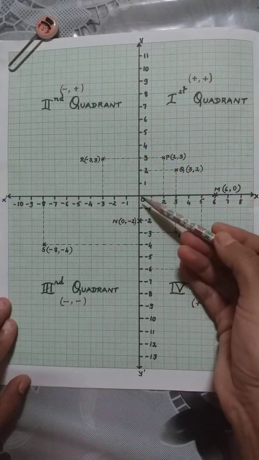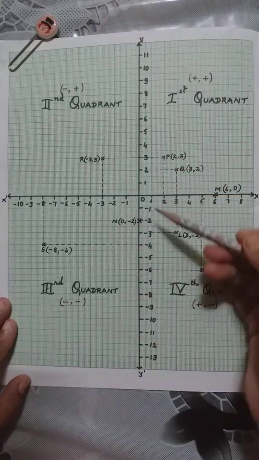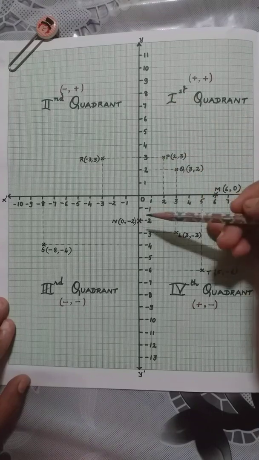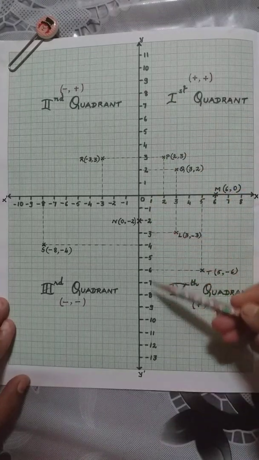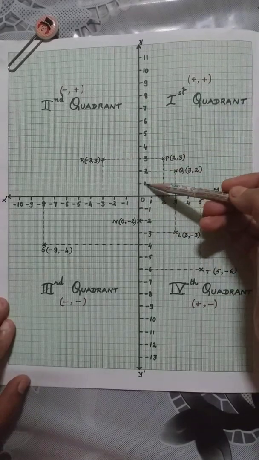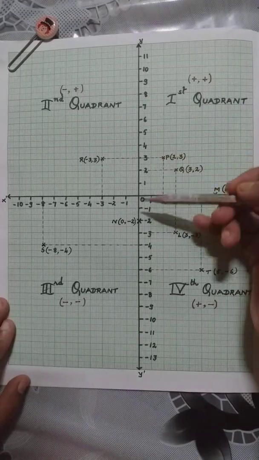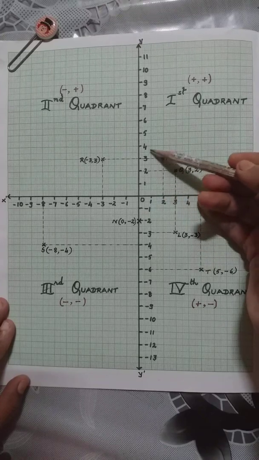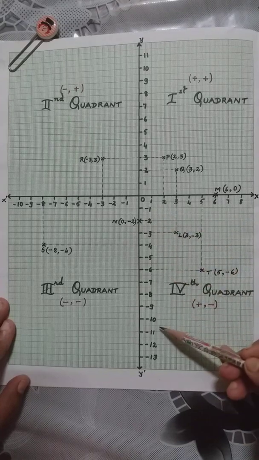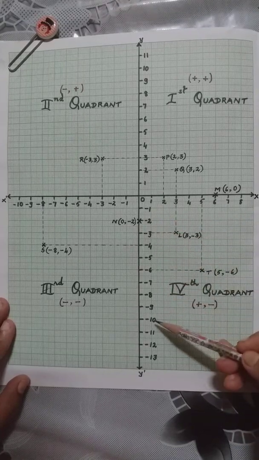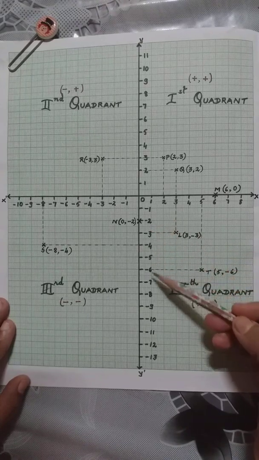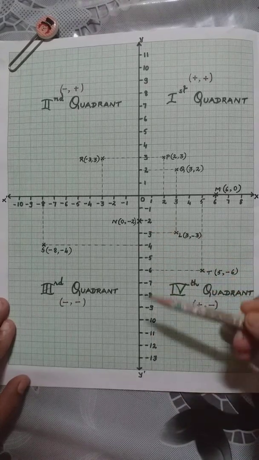Here the origin divides this y-axis into two parts, the part above the origin and the part below the origin. The part above the origin is represented by positive numbers like 1, 2, 3, 4, 5 onwards, and the part below the origin is represented by negative numbers like -1, -2, -3, -4 onwards.